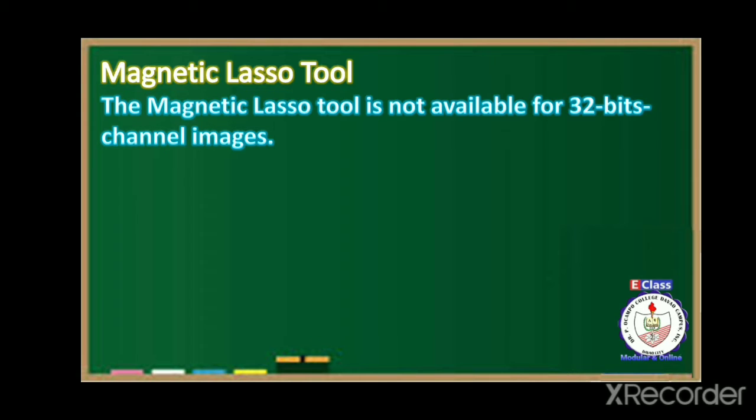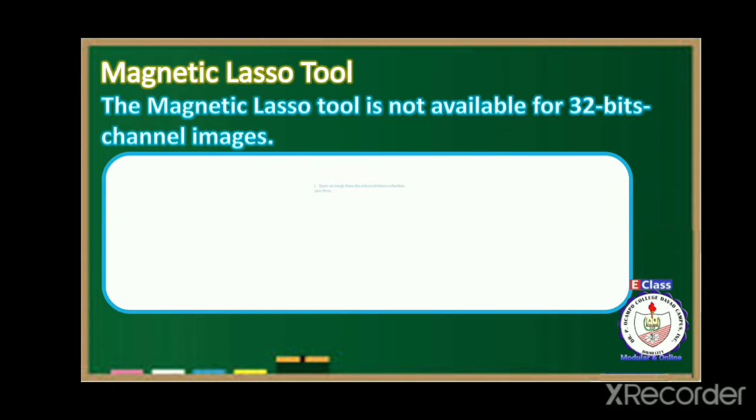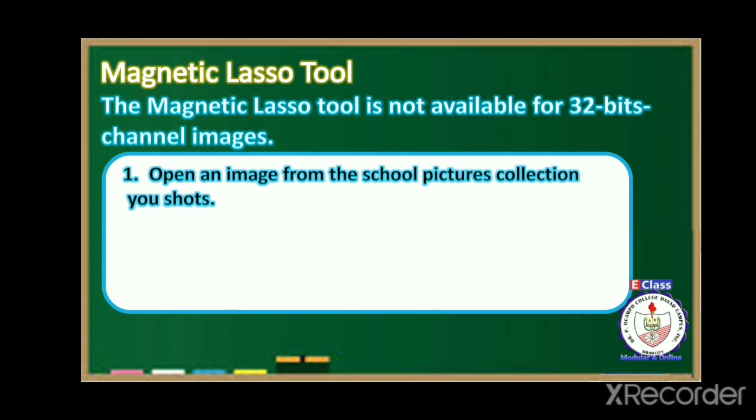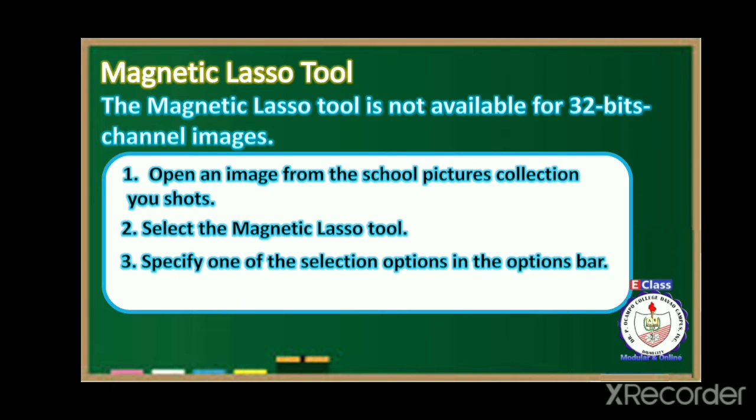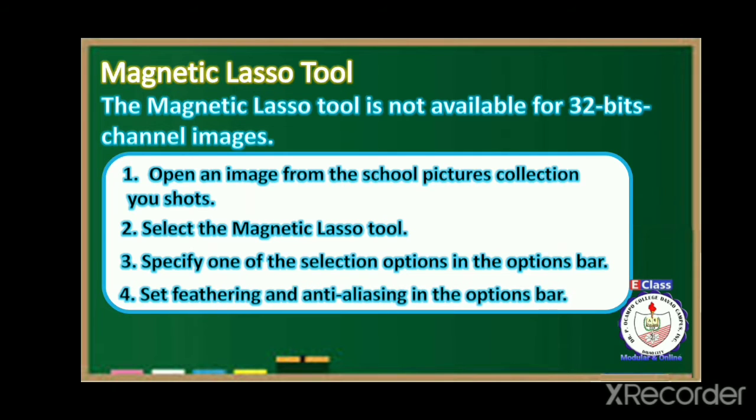Let's try this. Number 1, open an image from the school picture collection. Next, select the magnetic lasso tool. Third, specify one of the selection options in the options bar. Fourth, set feathering and anti-aliasing in the options bar to soften the edges of the selection.